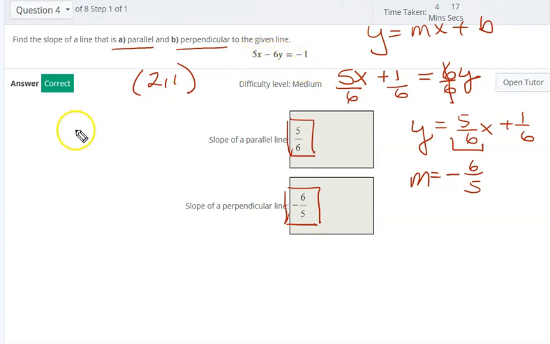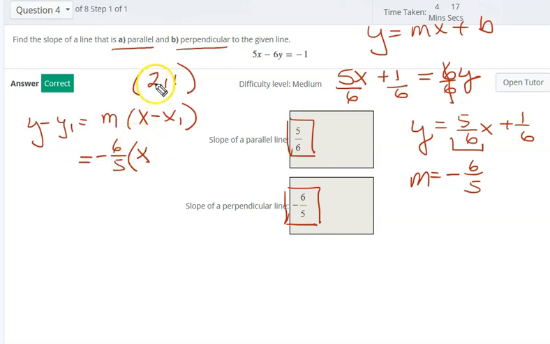And if they wanted it in point slope form, let's do that. So that would be y minus y sub 1 equals m times x minus x sub 1. So we would start to substitute into this equation. Now the slope would be a negative 6/5.